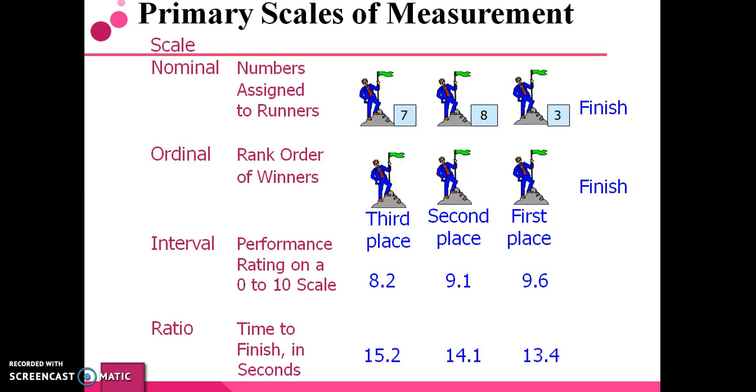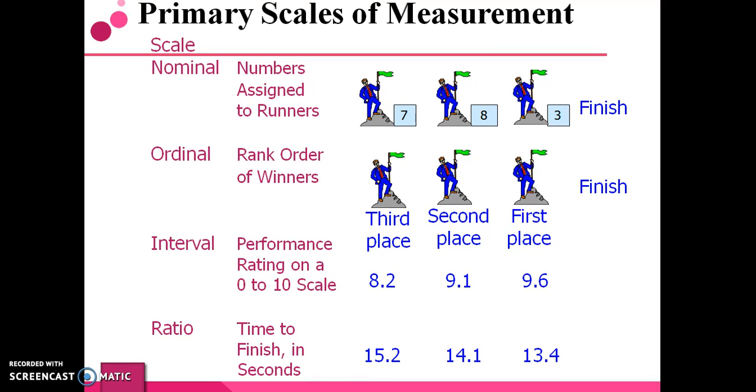Measurement and scaling. In this, participants will be able to know the various parameters used to construct a research instrument. It has been divided into the primary scales of measurement.